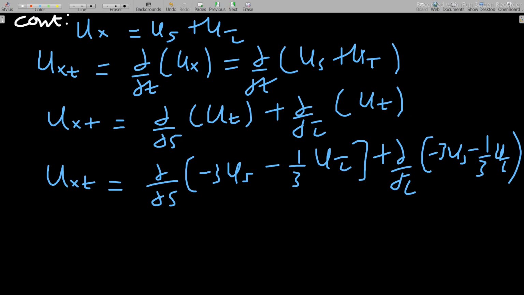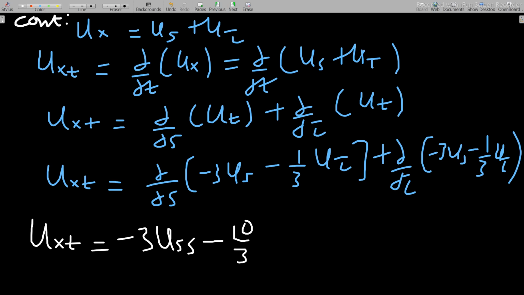And if you go through the derivations carefully, you see that U_XT will also give you negative 3U_SS minus 10 over 3 U_tau S minus U_tau S minus 1 over 3. Is it 1 over 3? Yes, it's 1 over 3 rather. So I have 1 over 3 U_tau tau.